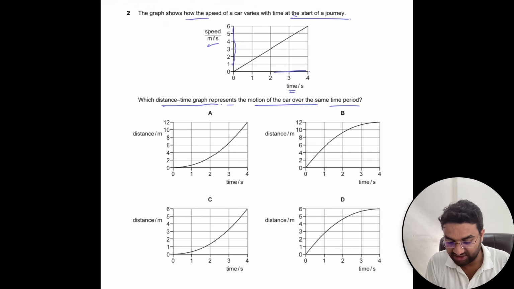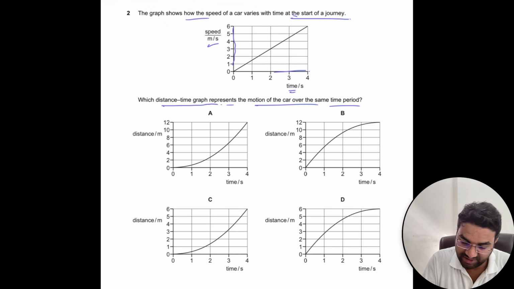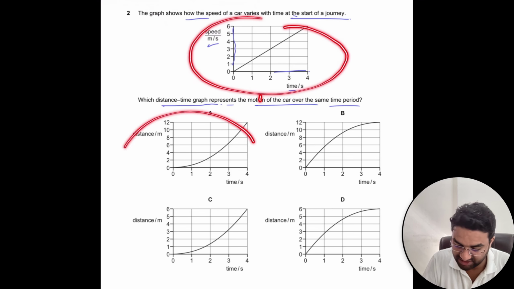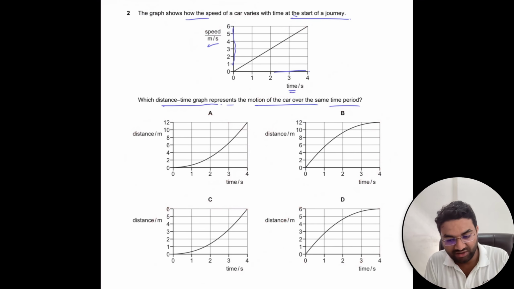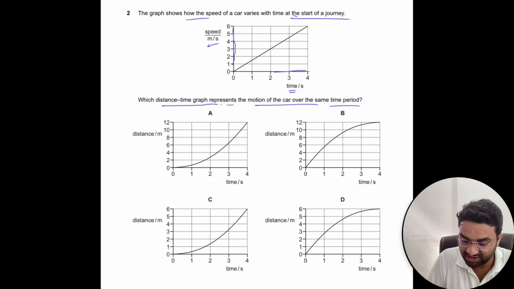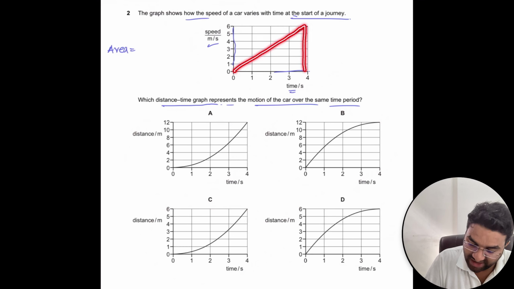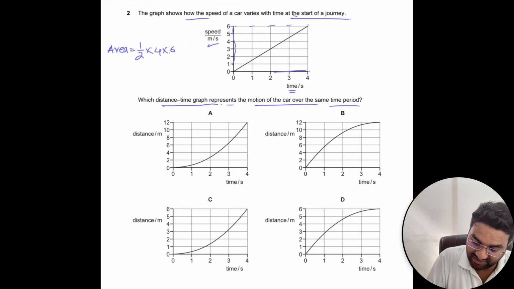So this is the speed-time graph, and all these are the distance-time graphs given. First of all, to calculate the distance traveled, we have to calculate the area of the graph. The area looks like a triangle, so we calculate this triangle area, which is 1/2 times the base of 4 seconds times the height of 6 meter per second.